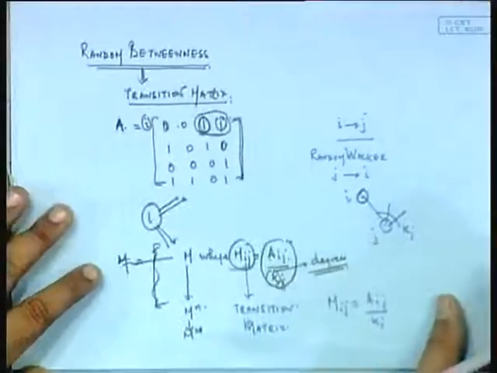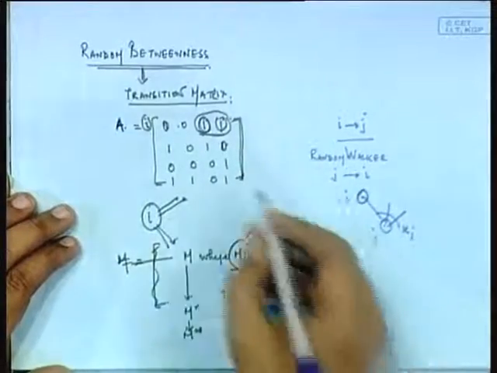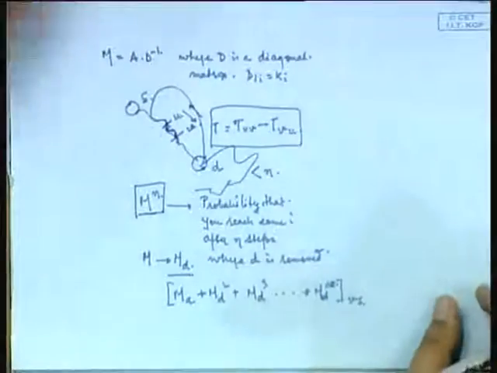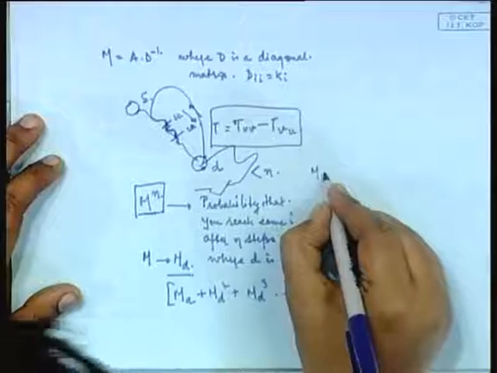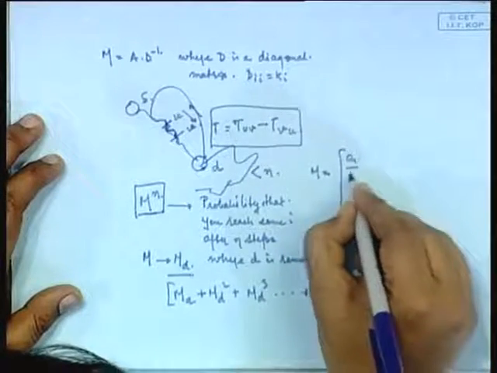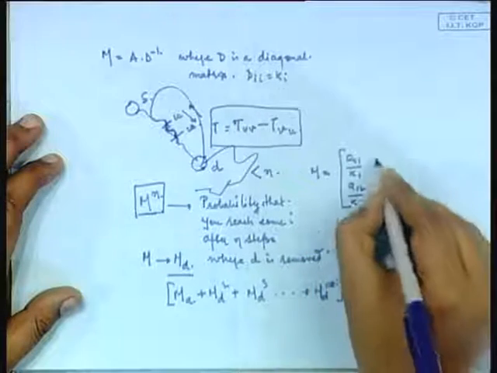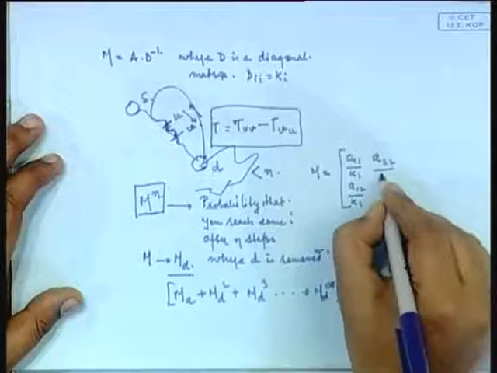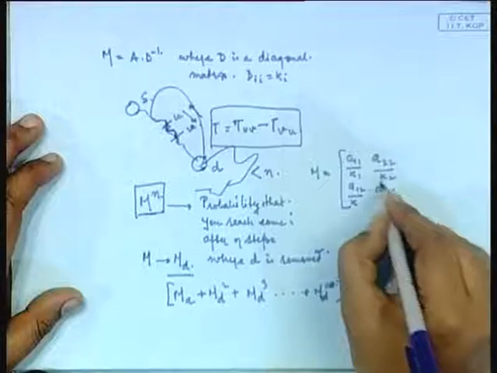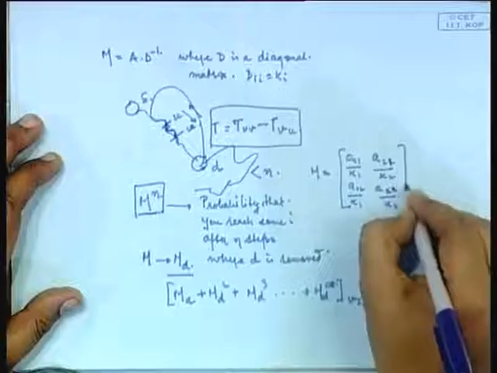So, take this matrix, okay. Take this matrix where, okay, I should draw M. So, M can be A11 by K1, A12 by K1, A22 by K2, A23, A21 by K2, A22 by K2, a small M matrix.